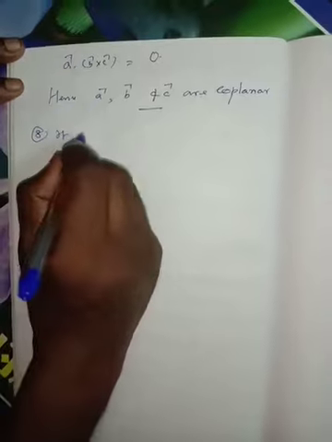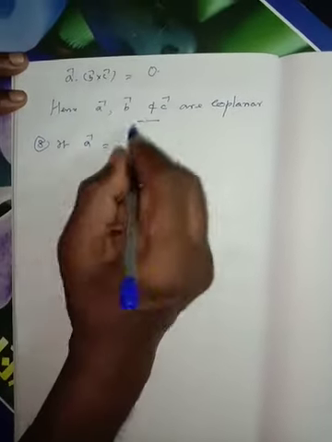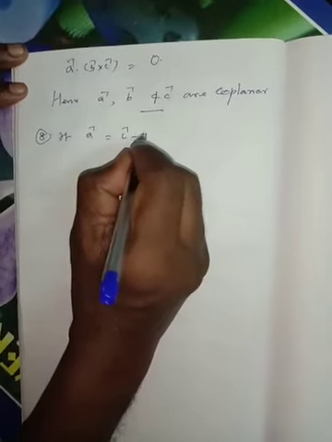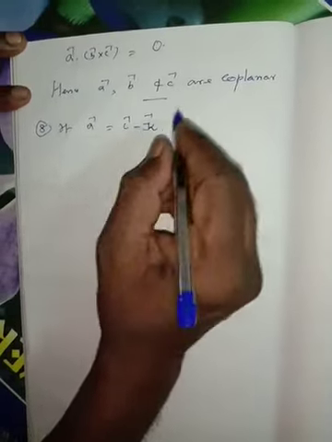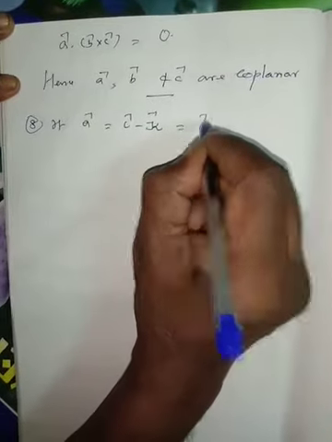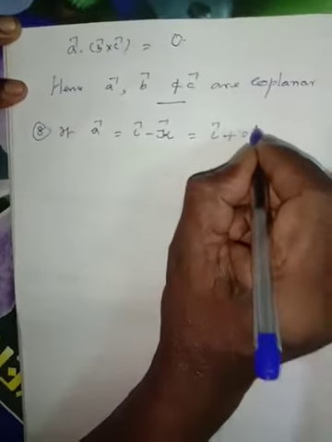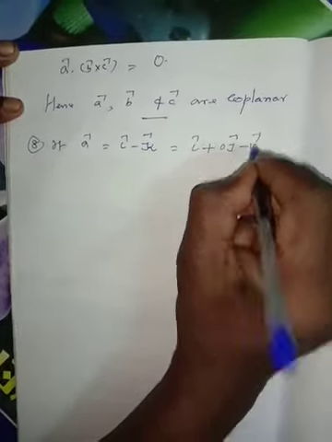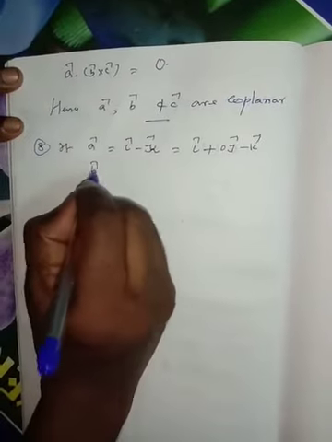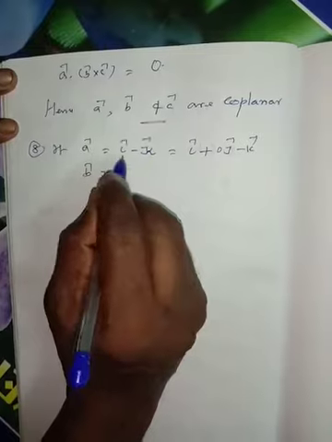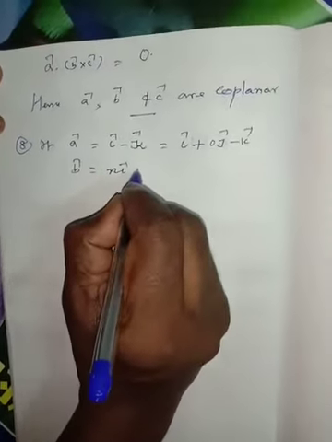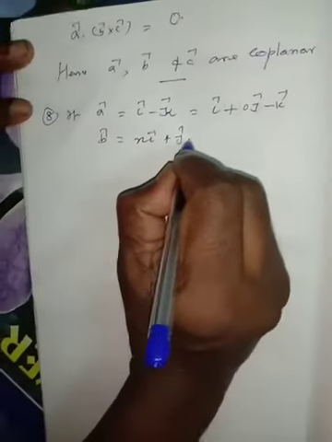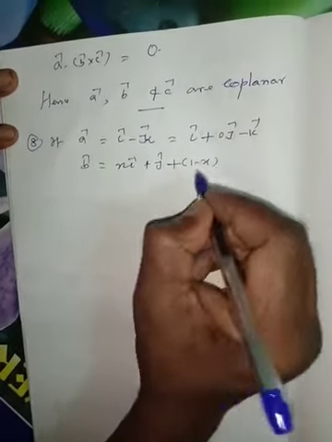Next, question number 8. If A vector is equal to i vector minus k vector, there is no j vector. This means i vector plus 0 into j vector minus k vector. Okay, next B vector is equal to x i vector plus j vector plus 1 minus x into k vector.